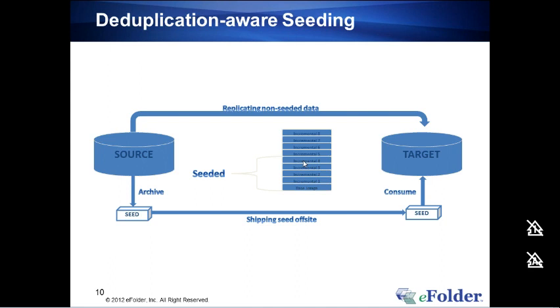We need to make sure that retention policies are met and remain the same on both sides, and that we put all of our data on the seed to begin with to avoid having to reseed in the future.